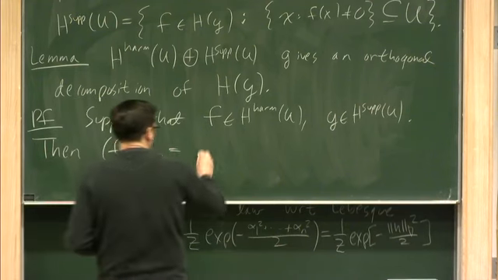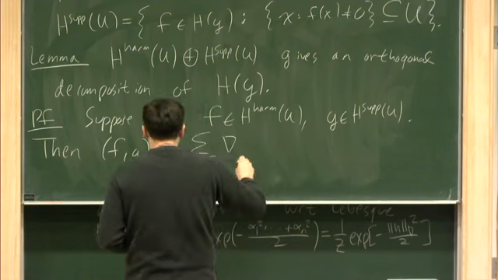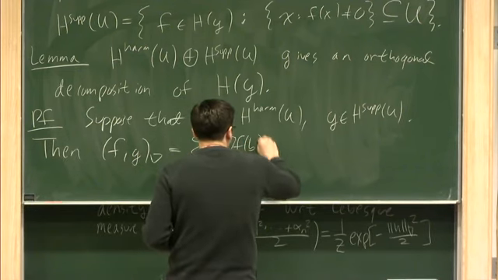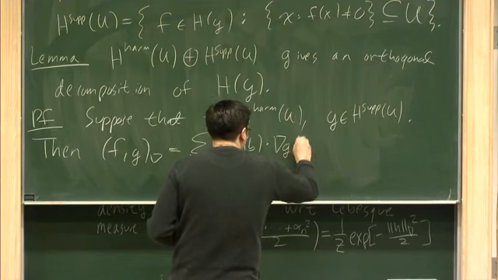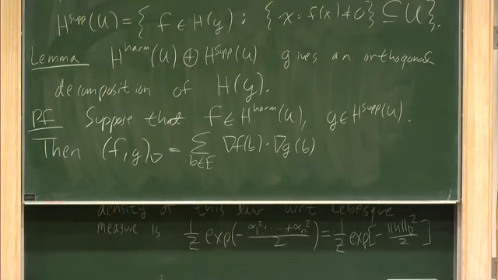Remember, this is just the sum over all edges in the graph of the gradient of f times the gradient of g.